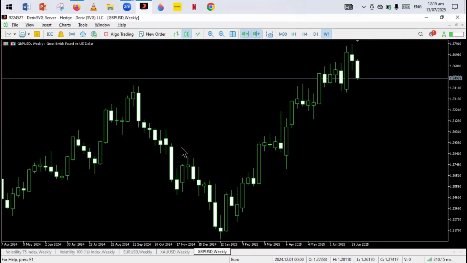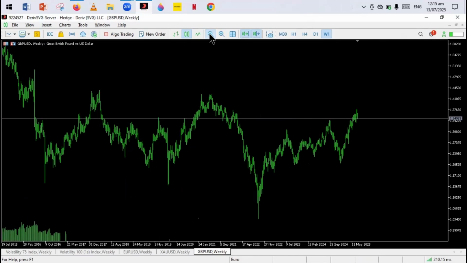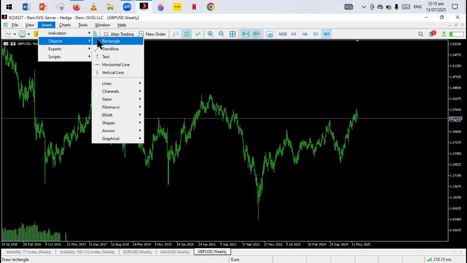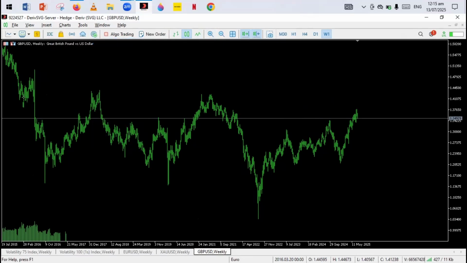zones. So firstly, open GBP USD, which is a currency pair. You go to the weekly time frame, and then you minimize, and then you mark your levels. So you check the level where the price reacted the most.